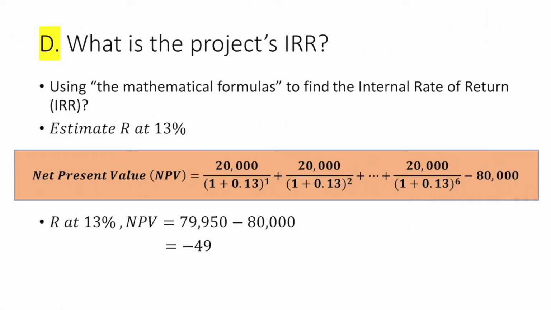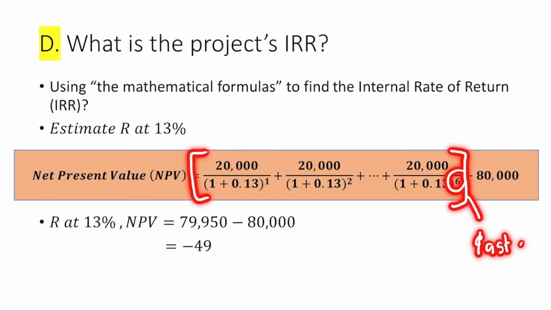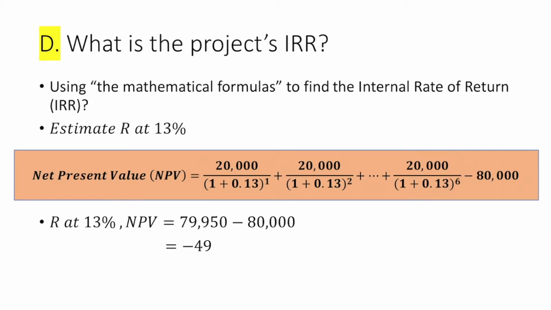So we have to try another percentage that's still close to 12%. We try estimating R at 13% and calculate using the same formula, which is NPV equals cash flow of $20,000 divided by 1 plus R, that is 0.13, to the power of time following the year, each year until year 6.